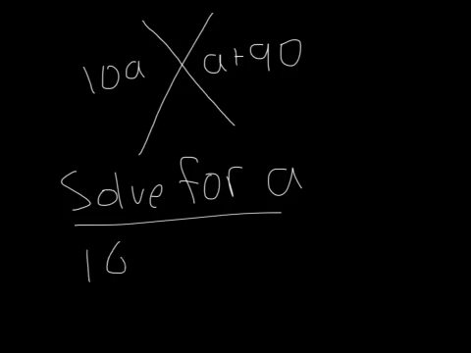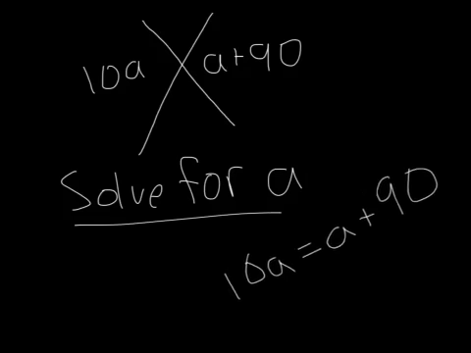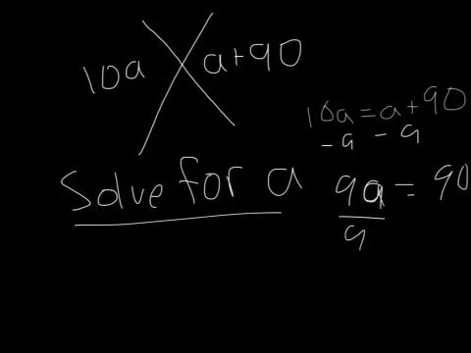So that'll give us 10A is equal to A plus 90, and it won't be so difficult to solve for there. I can minus A. That'll give me 9A equals 90. Divide by 9, and we'll get A equals 10.